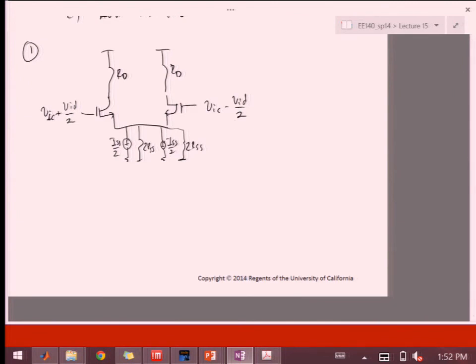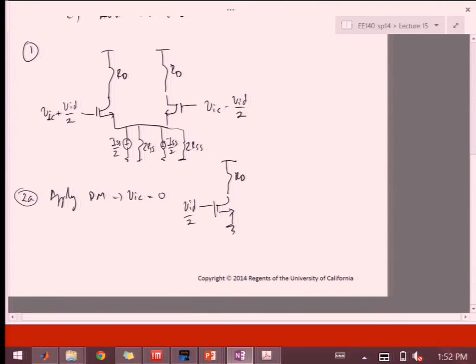So as we said, in 2A, if we apply a DM differential input, then VIC is 0. I ground this node, so the circuit I'm getting is just this. And differential gain, I don't even need to write a small signal model. I know it's minus GMRD.